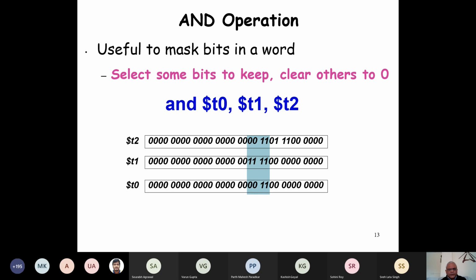Just to give an example, if we have some number in $t1 and we want to get just these 4 bits here, we make all these bits 1 and the rest 0, and we AND with that and extract those bits. So this is a useful AND operation for extracting bits in positions we are interested in.